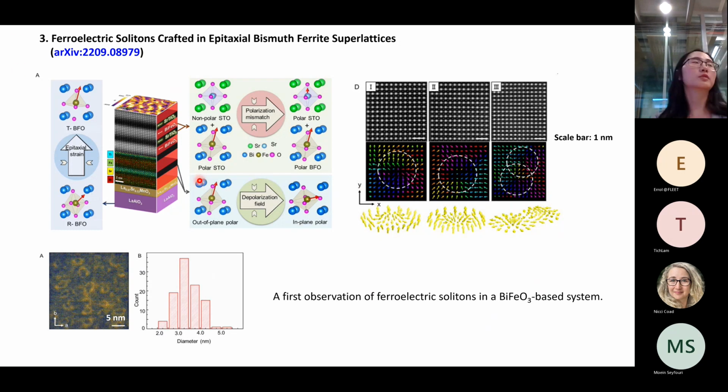And BFO is also a multiferroic material, so that means we could have more channels to tune these materials. This is just the beginning, and it's the first observation of ferroelectric solitons in multiferroics. So yeah, very exciting work.